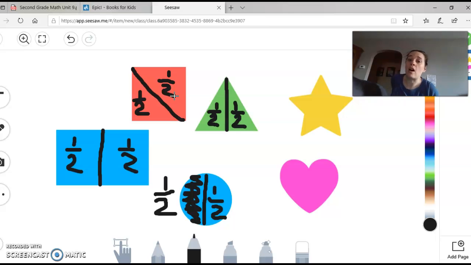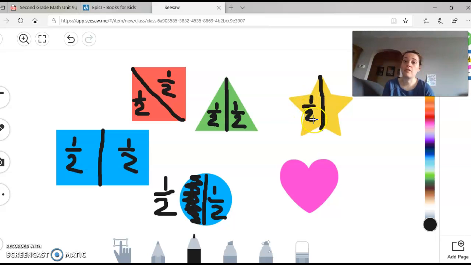Some shapes are a little bit harder to cut into half, like this triangle has to be cut this way. You cannot cut it any other way to make it equal shares, to cut it into 2 parts. This is a star. Okay, I can go right down the middle. Okay, and I can cut it into half.